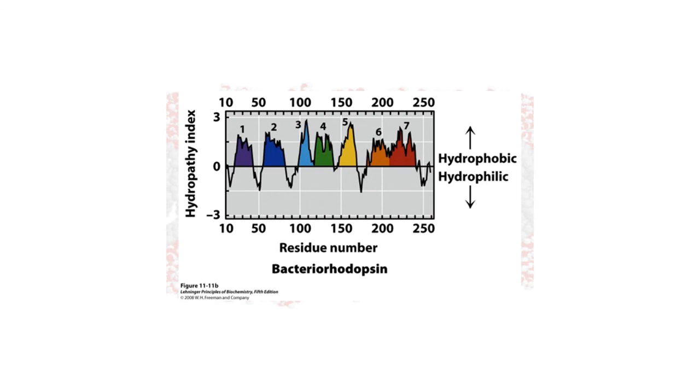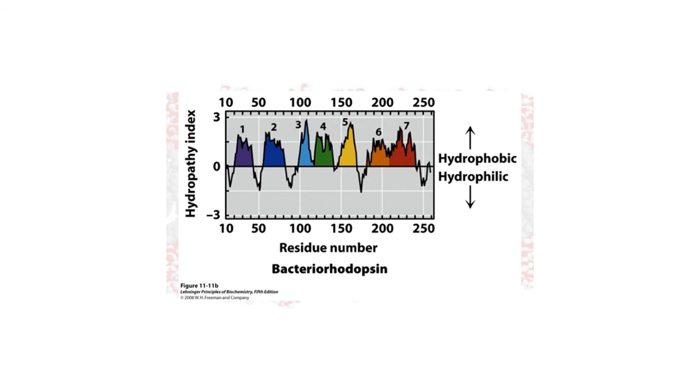And so if you notice, for example, here, where 6 and 7 are, it doesn't completely come back. You see it goes a little less hydrophobic, but then it's really hydrophobic again. If we go back to the actual structure, you'll see where that is. And so here is what I was talking about before.